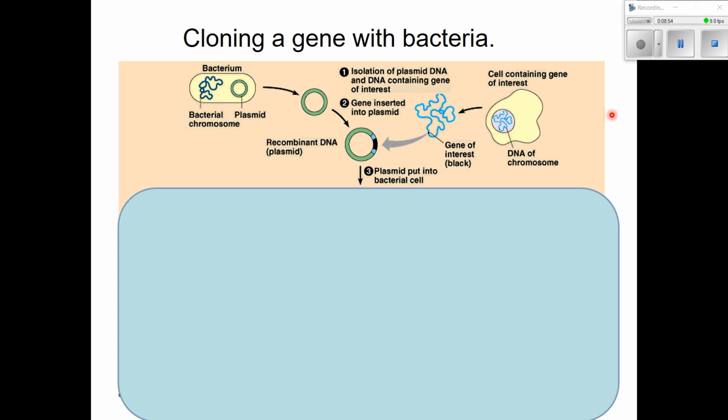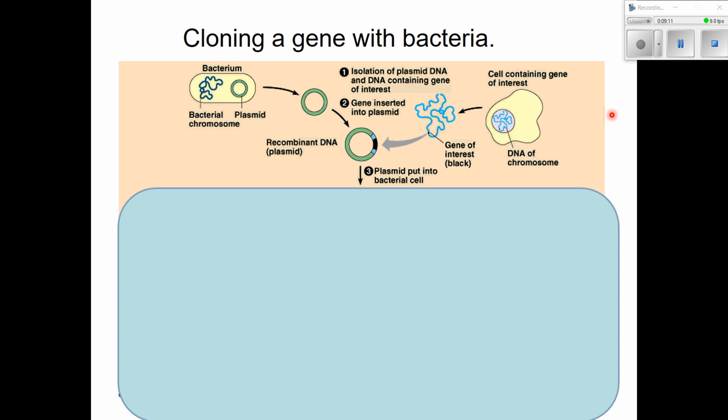All right, so I'd like to walk you through the process of how bacterial plasmids can be genetically modified and how bacteria can then be used to clone a gene of interest.